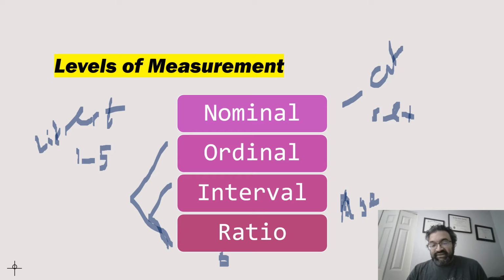And so it's a whole range of numbers. Ratio includes 0, so one of the most common examples of that is temperature. That 0 actually has a lot of meaning. So these are not only descriptions, but examples of what they are.